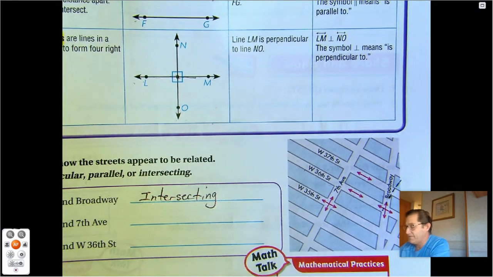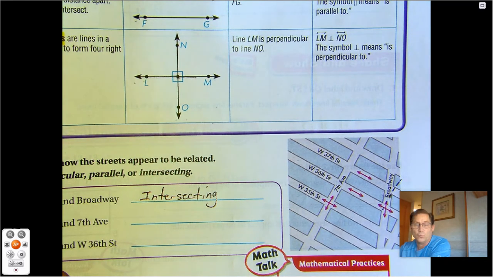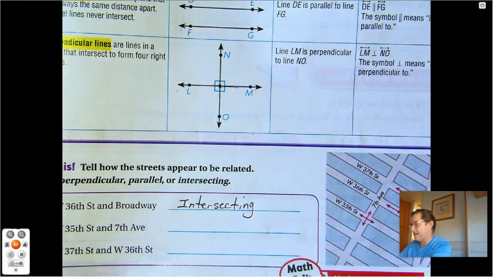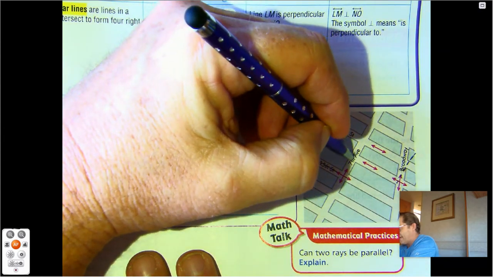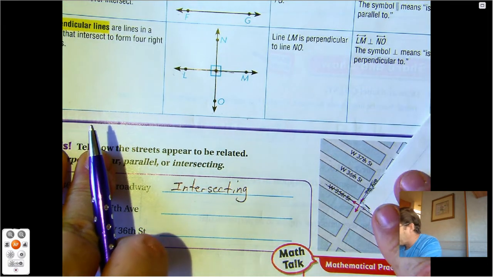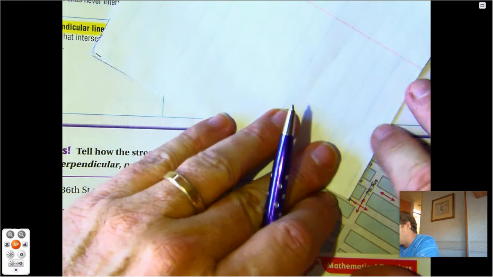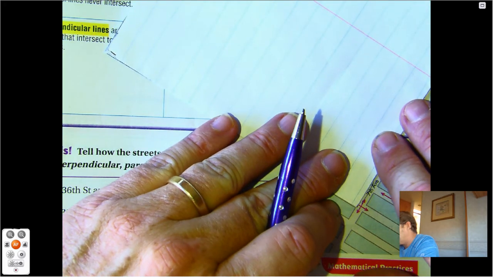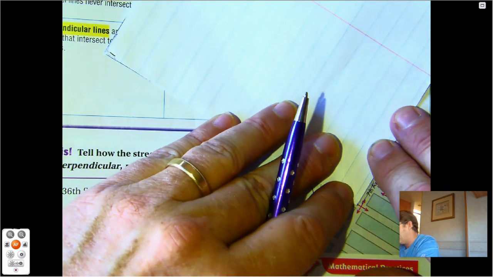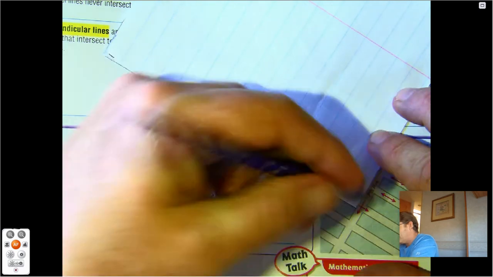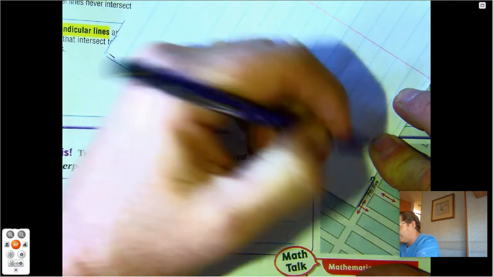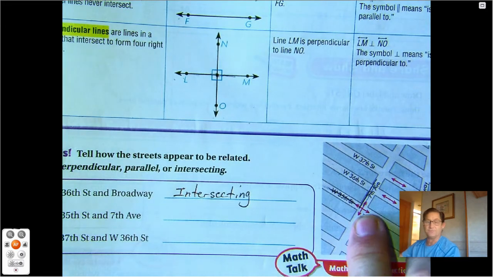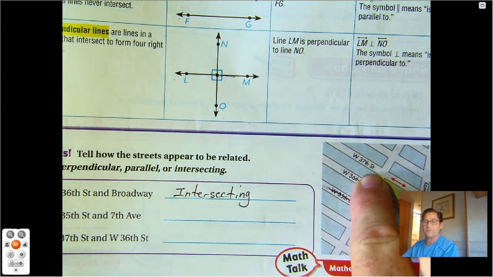How about West 35th Street and 7th Avenue? If we put 36th Street even with that, and we draw that in, we notice that it runs exactly at a right angle to it.